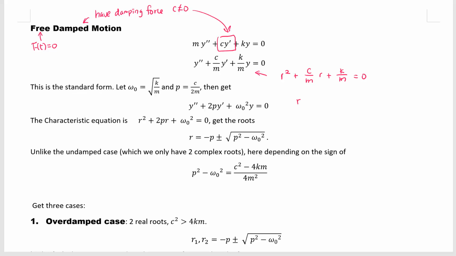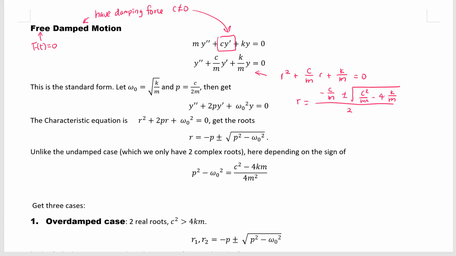When you solve for the roots, the root is negative b, so negative c over m, plus or minus the square root of b squared, which is c squared over m squared, minus 4ac, where a is 1 and c is k over m.